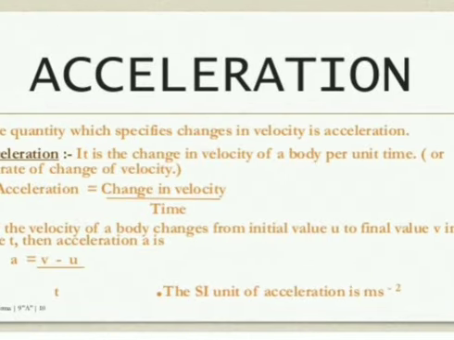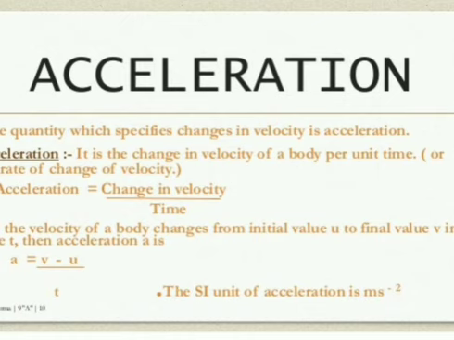Then come to acceleration. The quantity which specifies change in velocity is called acceleration. If there is a change in velocity, we have two types of velocities. The first one is called initial velocity, the initial value of velocity, and the second one is called final velocity.